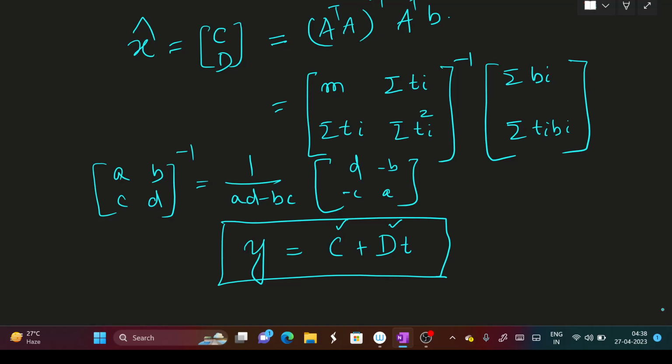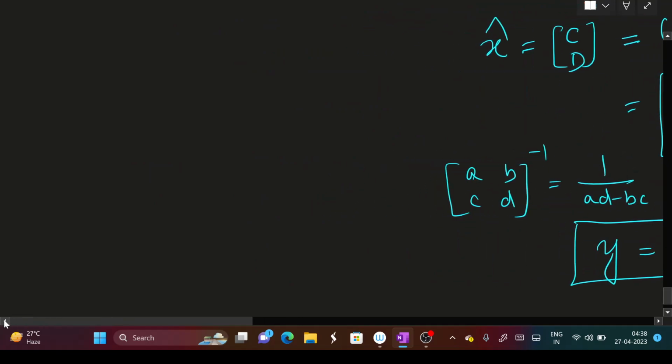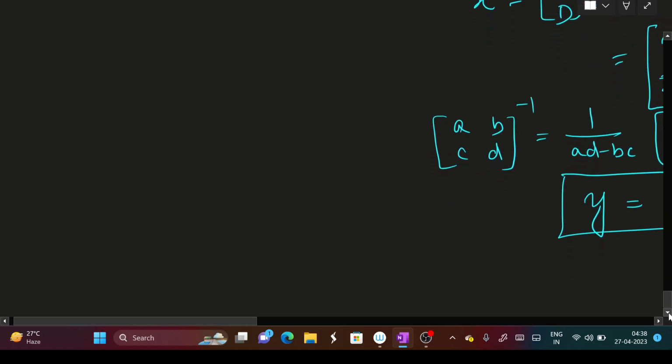Usually b we take as a constant vector, so that's why it is better to write y. Here y is a variable, t is an independent variable, y is a dependent variable. So with this we can fit any straight line to a given data in a simplified manner. We need not go for much complicated information.